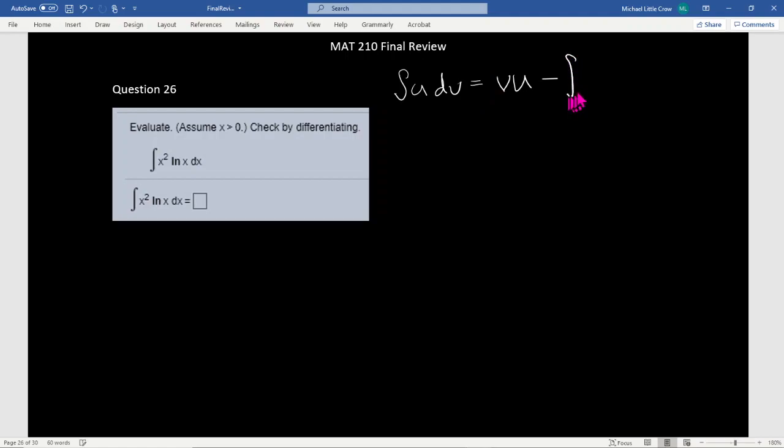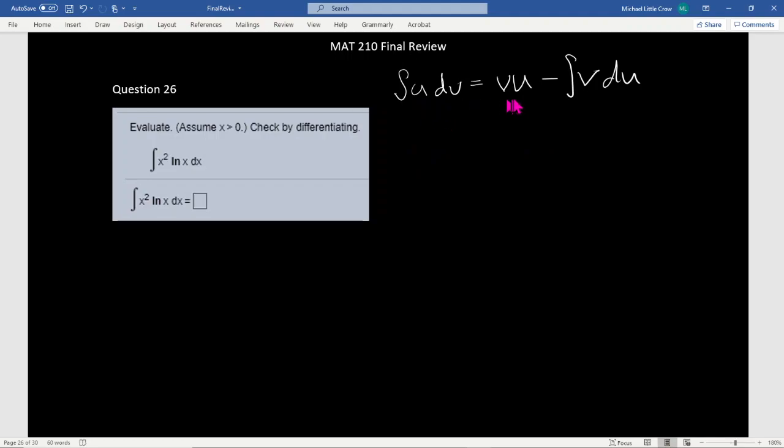And then we get the integral of v du. We don't keep integrating u, what we do is we get v, so we're going to integrate one part and then we're going to integrate it again, du. So to do this we take the derivative of u and then we're going to integrate it, sort of. So we'll see how this works.